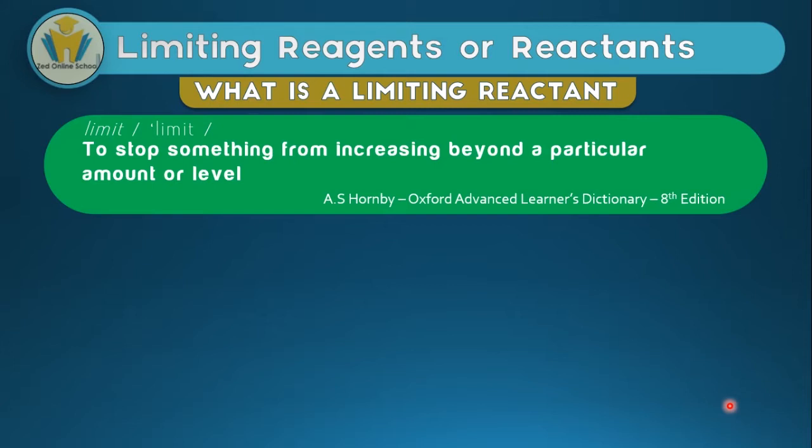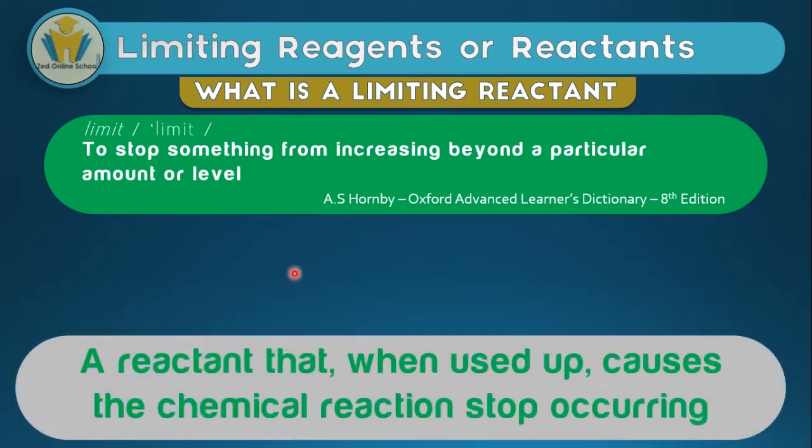As you can see, the word limiting has the word limit in it. Therefore, a limiting reactant is a certain reactant that does what we're talking about here, limiting the reaction from taking place. In this video, I would like you to get going with the definition: a reactant that, when used up, causes a chemical reaction to stop occurring.